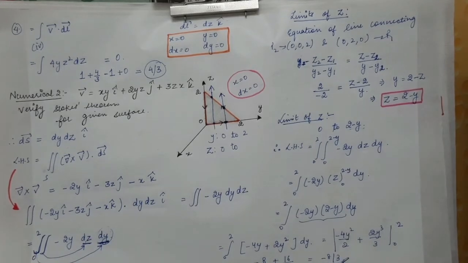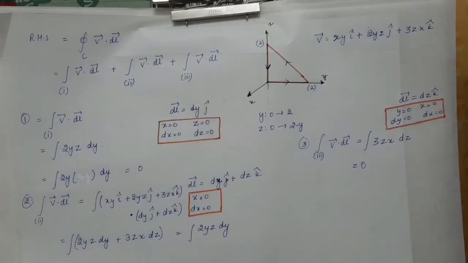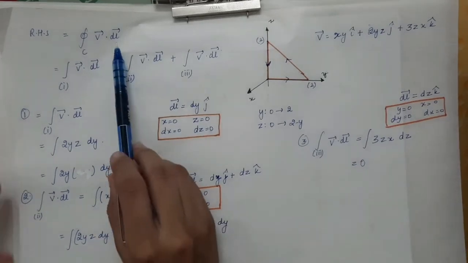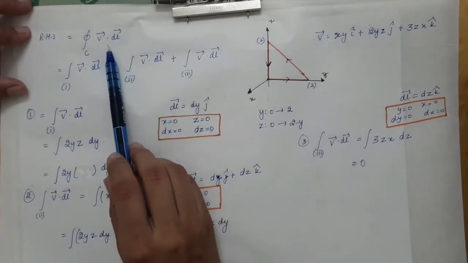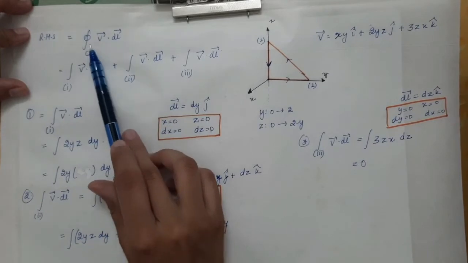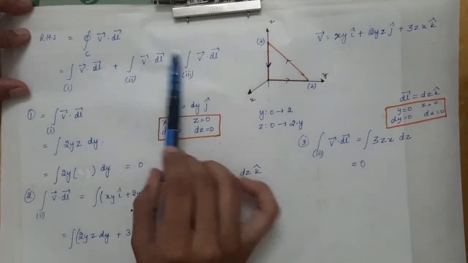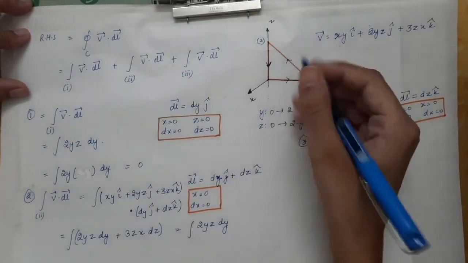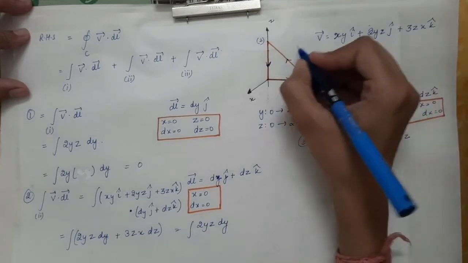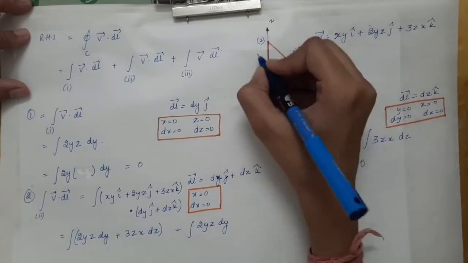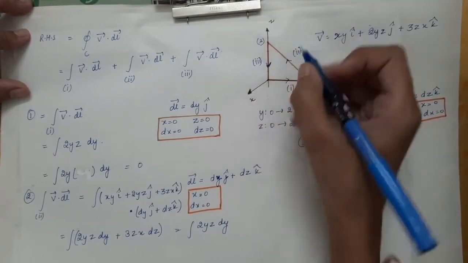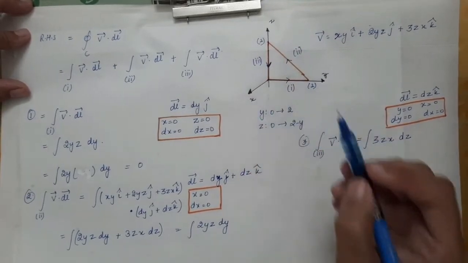Now we will see what the right hand side will be. On the right hand side we have to evaluate the line integral of the vector v. In this case also we will divide this closed line integral into open line integrals. First we will do the line integral over the first path, then over the second path, then over the third path. We are moving in the anti-clockwise direction.